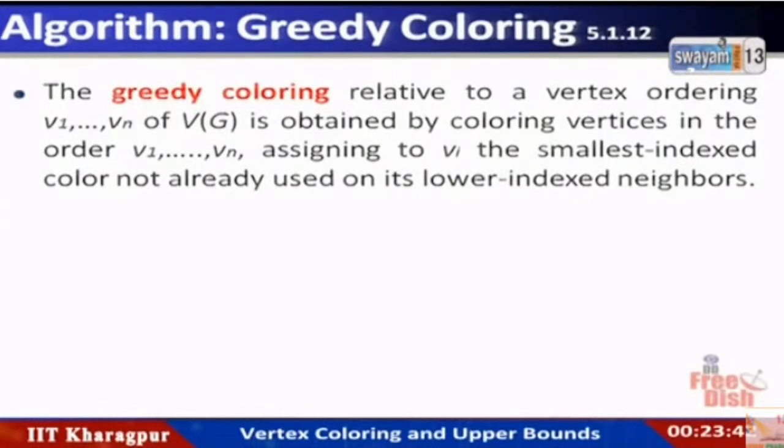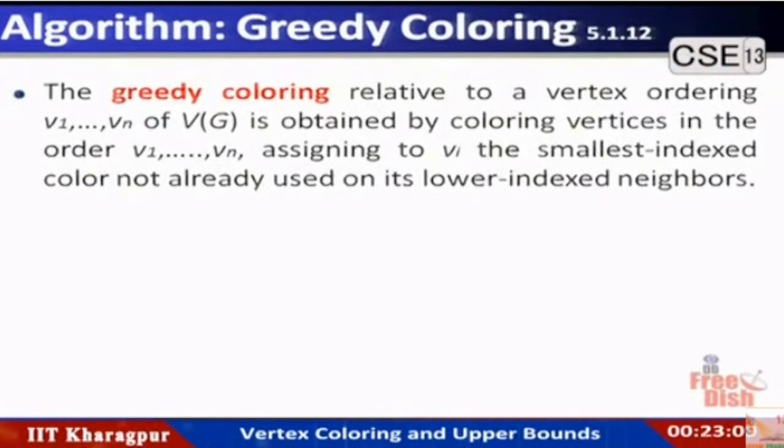So we are going to give you the first algorithm for coloring, and this is called the greedy coloring algorithm. Then we will check the bound which we obtain using this greedy coloring. How good the bound is, we will know once we compare it with the chromatic number of a graph G. Then we will see how we can improve this algorithm and gain more insight into graph coloring.